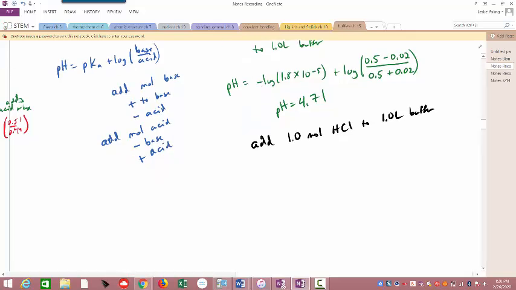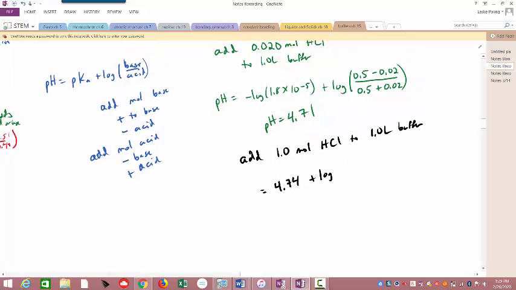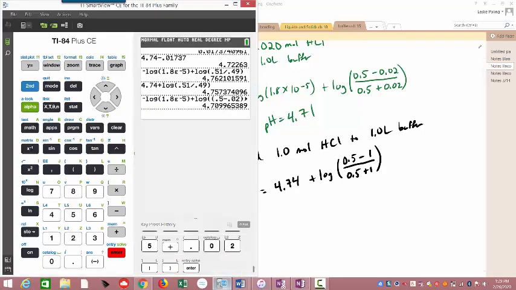Okay, so we have our negative log of 1.8 times 10 to the minus 5, which we know from earlier is this. And then we have log of, and we have base on the top, so we would have 0.5 minus 1, and then we would have 0.5 plus 1.